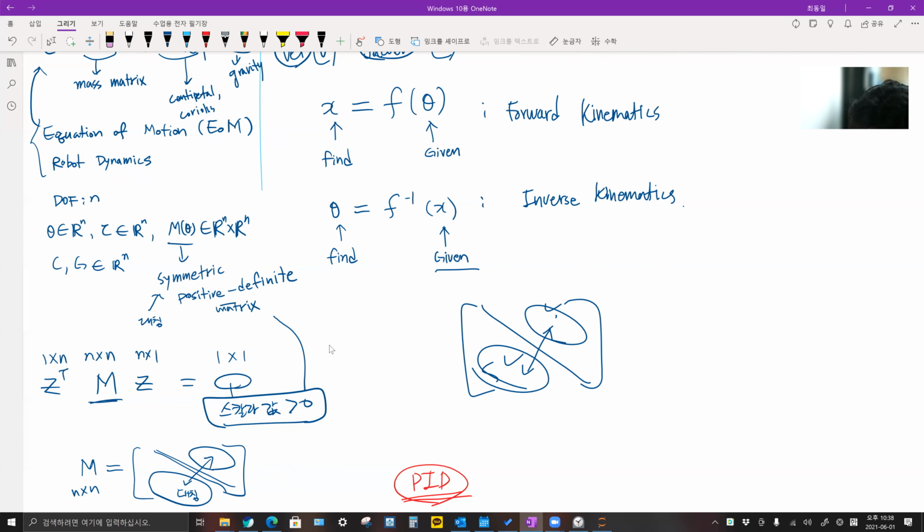Positive definite means that if there is an M matrix and we multiply an arbitrary n by 1 vector G, with G transpose on one side and G on the other, then because the dimensions are 1 by n, n by n, n by 1, it becomes a 1 by 1 scalar value.